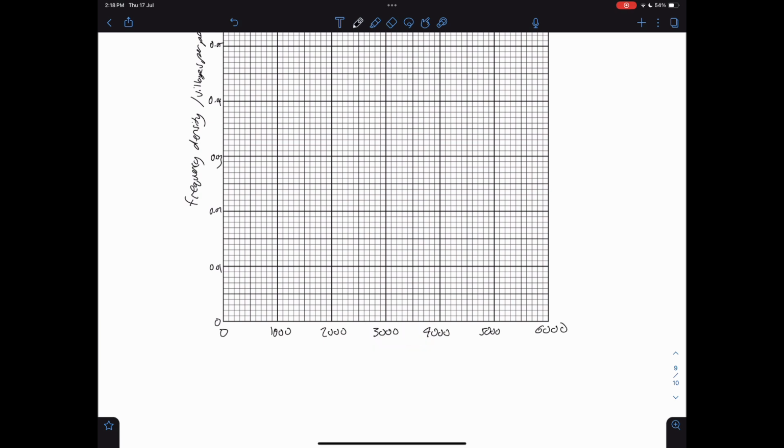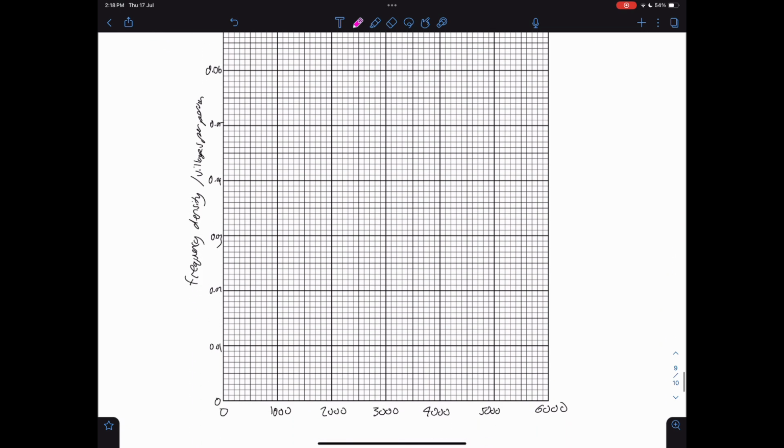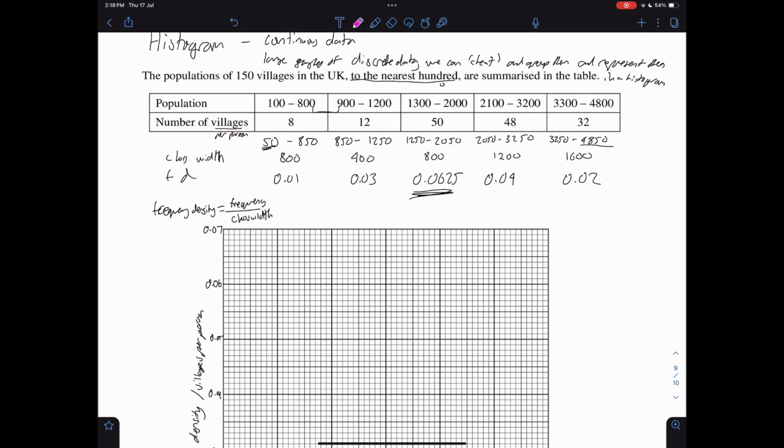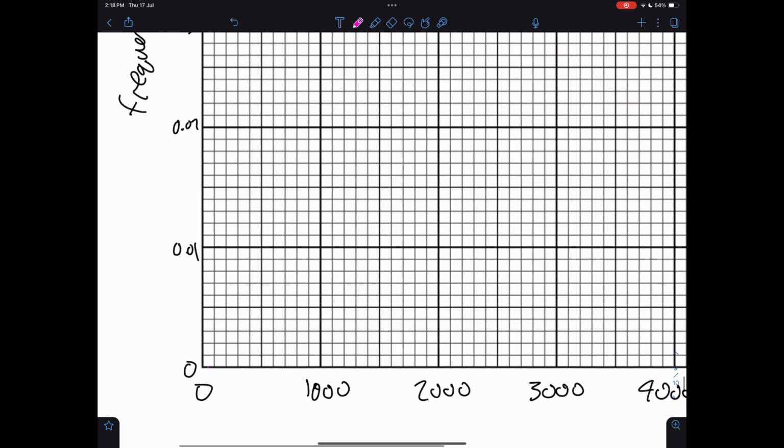And then what we would do is I'll change the colour just to make this easier to see. We'll start drawing our bars. So to go up to 0.01, we're going from 50 to 850. So it's going to be within here. And then to 850.